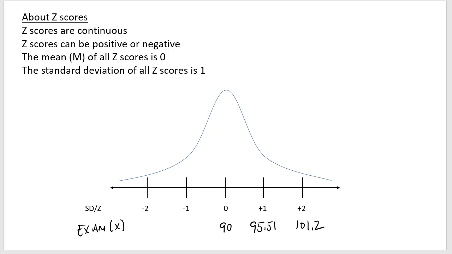Okay, obviously you couldn't get that, but the way that we calculate this is by taking our exam scores, which was 90, and adding a standard deviation to that. And our standard deviation was 5.51, so 90 plus 5.51 is 95.51. 95.51 plus 5.51, so one more standard deviation, is 101.2.